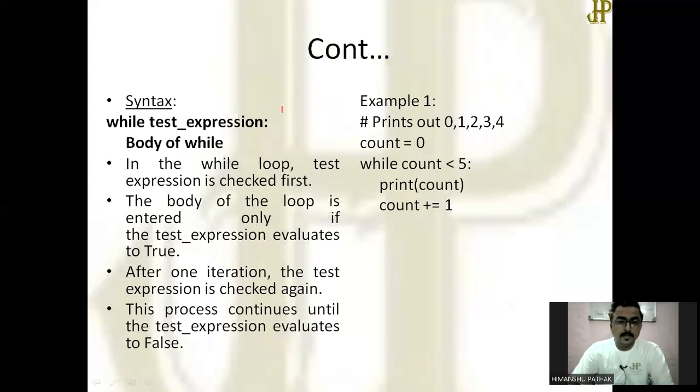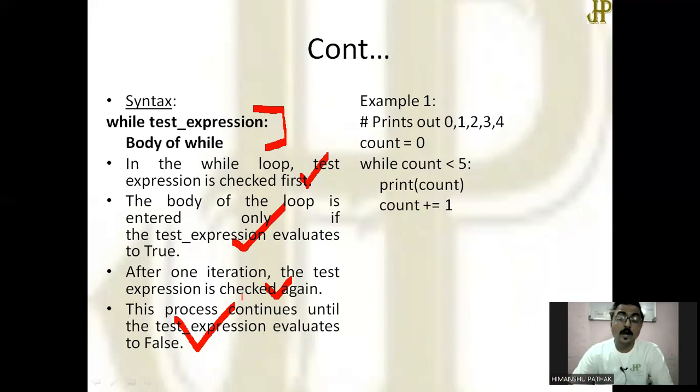So this is the syntax. In the while loop, the test expression is checked first. I already told you. The body of the loop is entered only if the test expression evaluates to true. After one iteration, the test expression is checked again, and this process continues till the test expression evaluates to false.